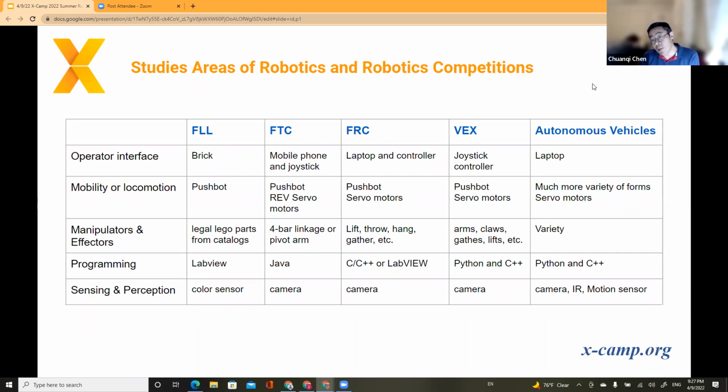Way more Indian Americans attend the competition. That's just a trend. I feel like robotics, AI, machine learning is a very important field. I think Chinese Americans should attend more.